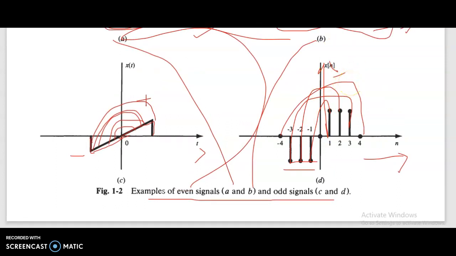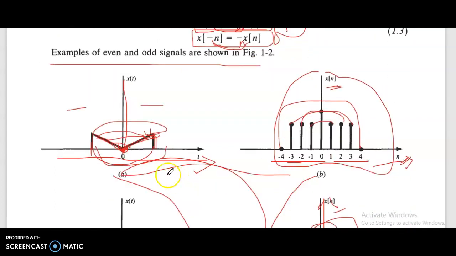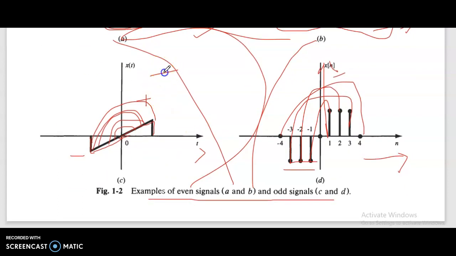It means here this negative, here positive, this negative, here positive. Here plus, minus, this is minus, this is minus, and this is plus.